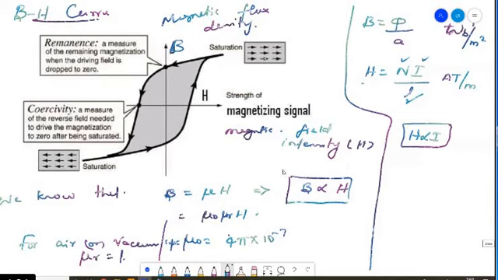When this magnetizing and demagnetizing happens over and over again, there is this hysteresis phenomenon that is happening. This word hysteresis comes from a Greek word which means lagging behind.